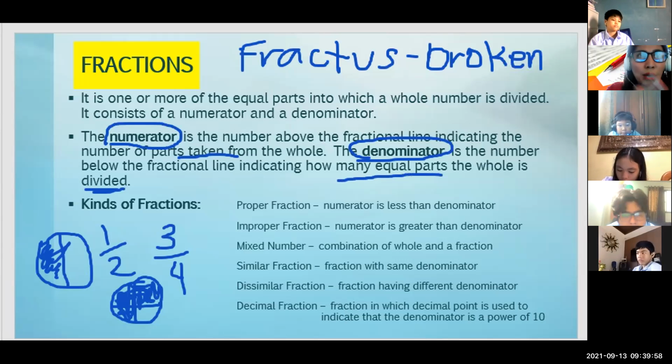Let's say without the knowledge of fraction, you will not be able to do algebra. Each part of math has its foundation, its building part, that can be useful in the future.